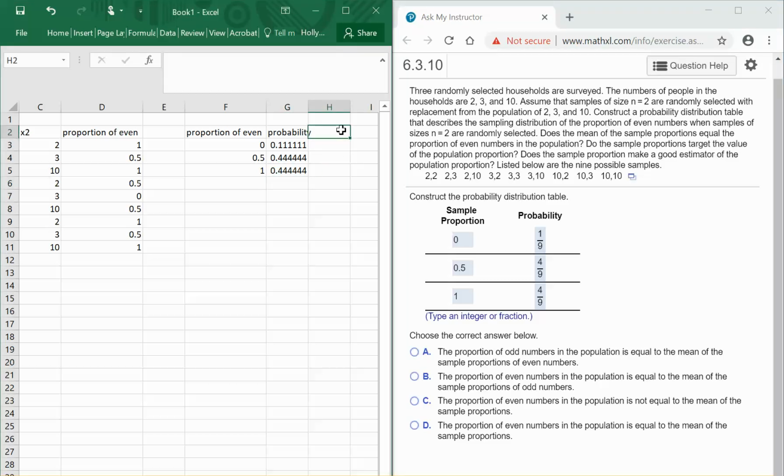In the next column, we're going to say proportion times probability, and we're going to do that multiplication. Drag it down. And to find the mean, we have to add it up. Add up the products.